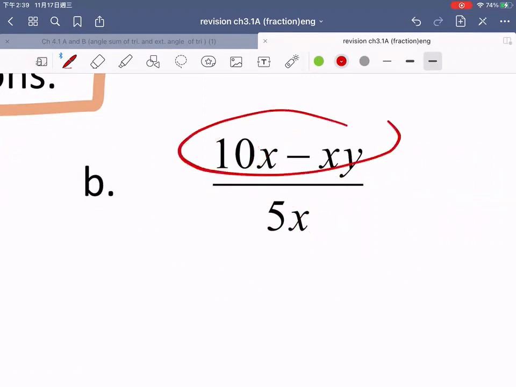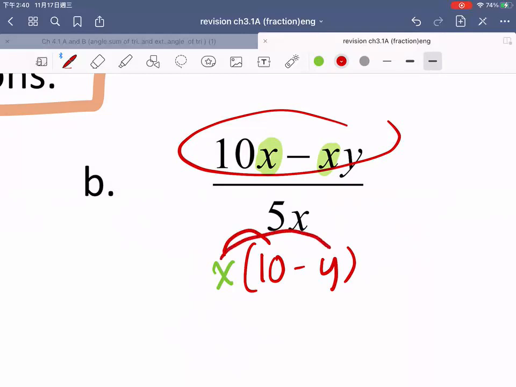For this one, in the numerator 10x and xy, the common factor is x. Bracket 10 minus y, because we have taken out x, the common factor. And of course, we can check: x times 10 is 10x, and x times minus y is minus xy, divided by 5x.